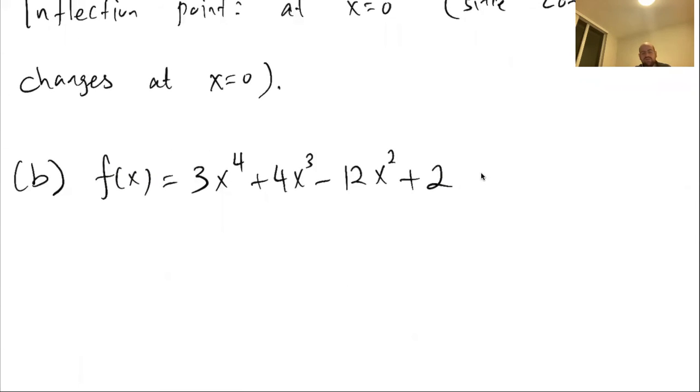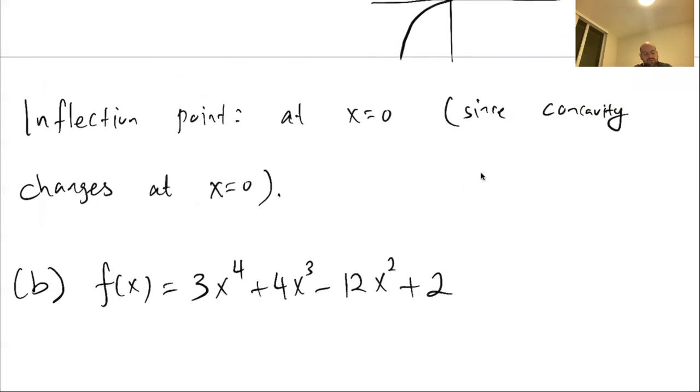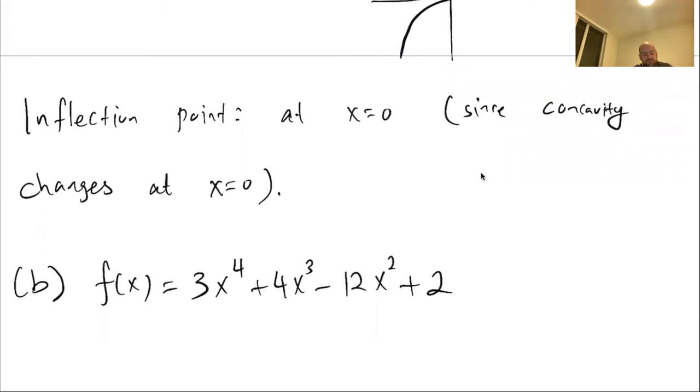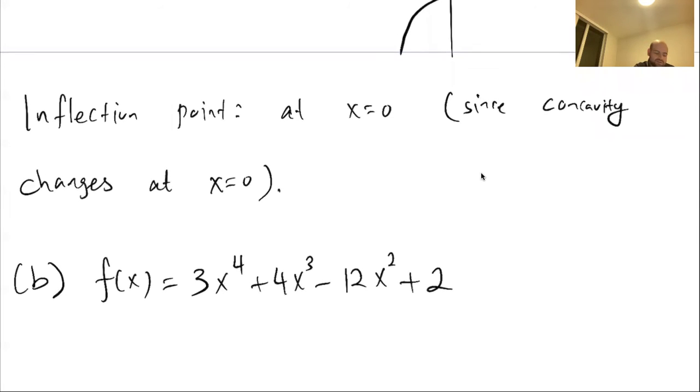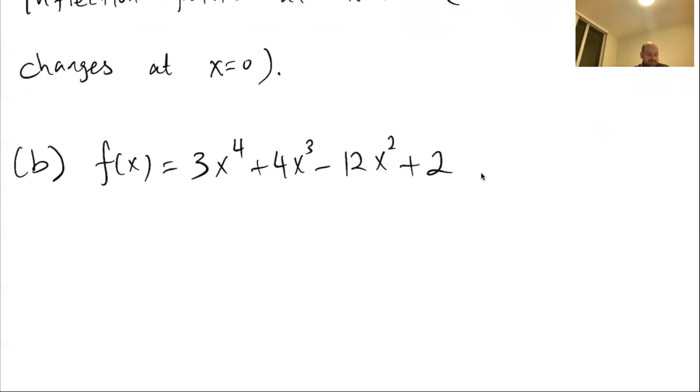We already determined intervals of increasing and decreasing for this function. Now in this question, we want to determine intervals of concavity, which interval is concave upward and which is concave downward, and find the inflection points.